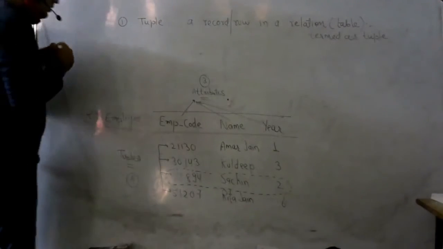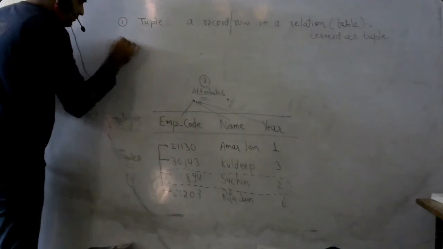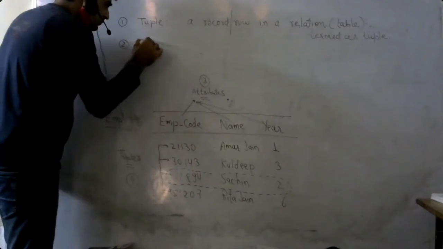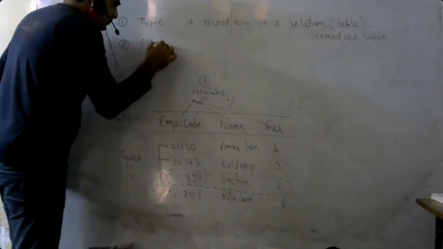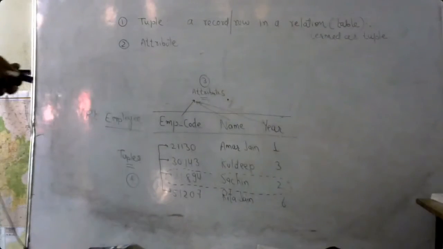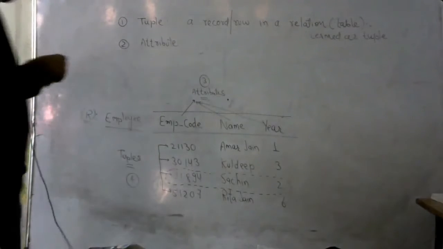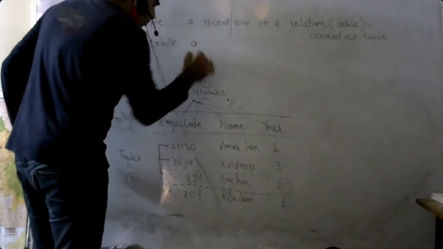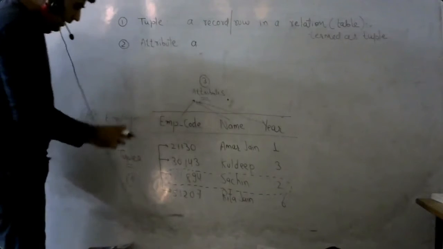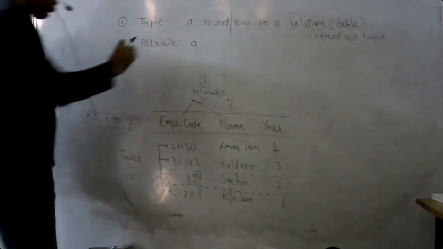The second term, that is attribute. What do we mean by the term attribute? I have already pointed here to whom we call attribute and to whom we call tuple.